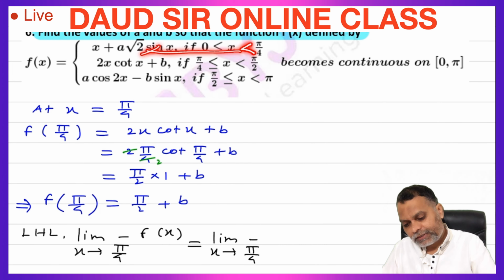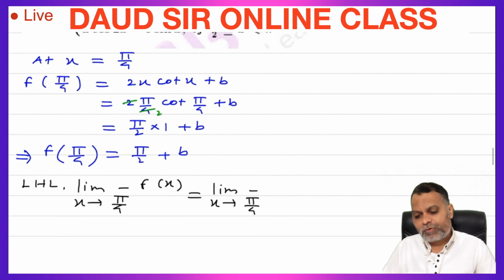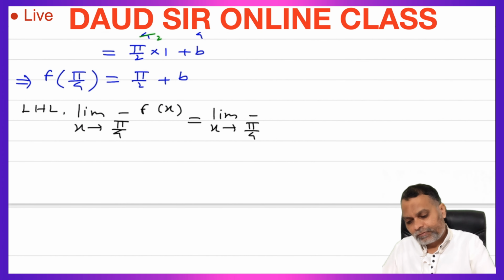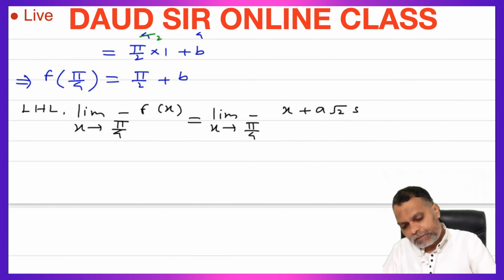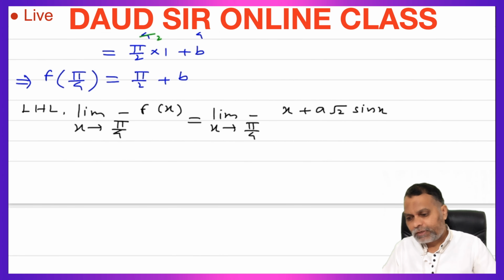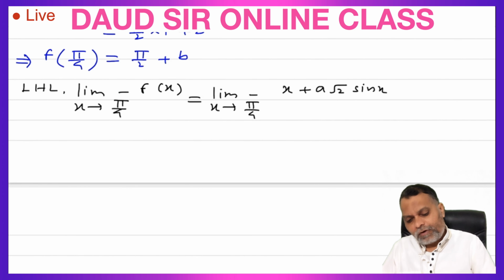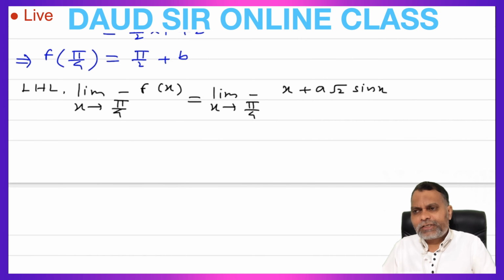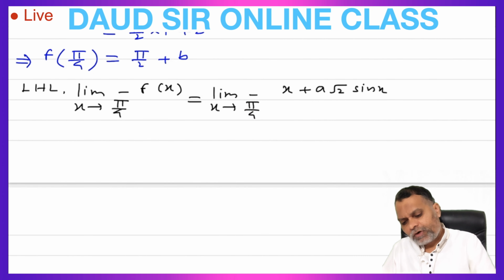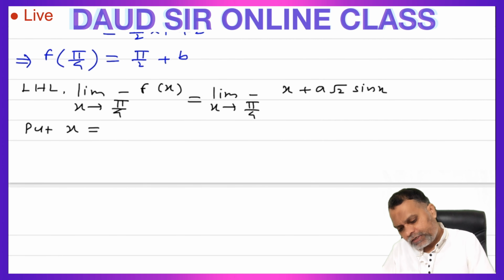So take this function, x plus a root 2 sin x. Take the function carefully. For left hand limit, we have to put x is equal to a minus h. Here a is equal to pi by 4, so put x is equal to pi by 4 minus h.